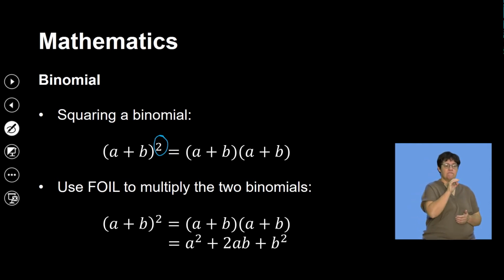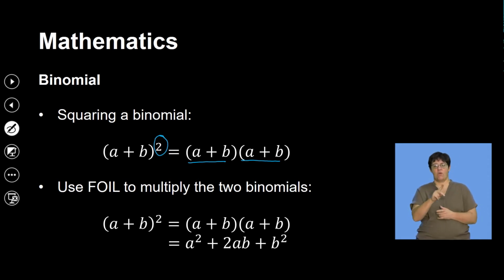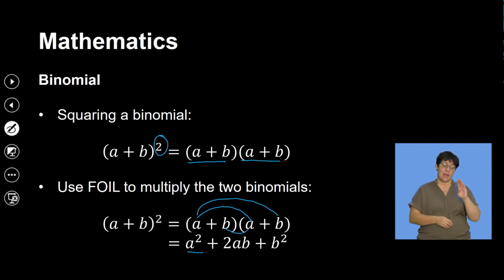So when I square a binomial, it means I am repeating exactly what is inside the bracket without changing it and multiplying it by itself, as you can see here on the right hand side. And then you use the FOIL method to multiply these two binomials, which will give me the A multiplied by the A, which gives A squared. The A multiplied by the B will be AB, and then the B multiplied by the A will also be AB.